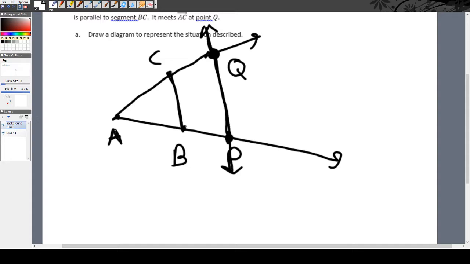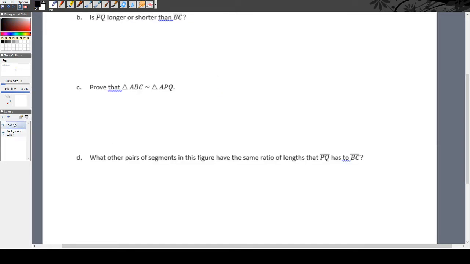If you notice, PQ, which I will draw in red right here, does that look longer than BC, which I will draw in blue? Well, just about looks like it. So I would say our answer to that question is yes.